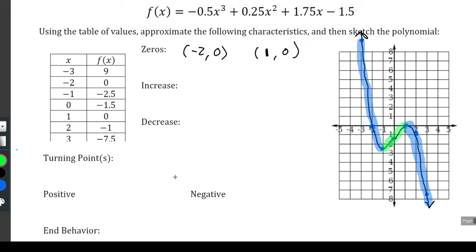So it's increasing on the interval from -1 to 1. Yes, so these intervals are only the x values. So from x equals -1 to x equals 1, the slope is positive, or the function is increasing.